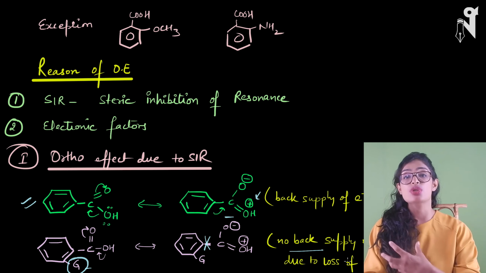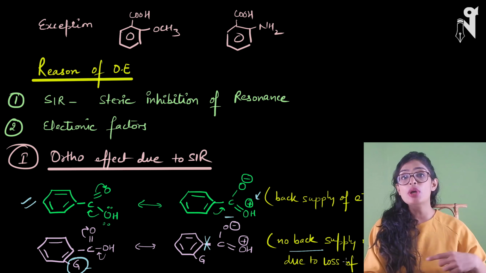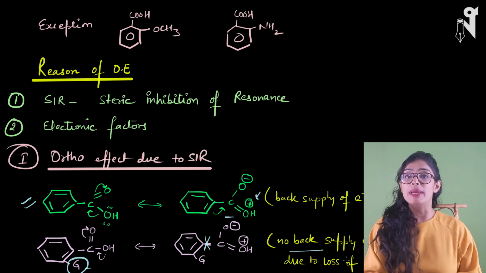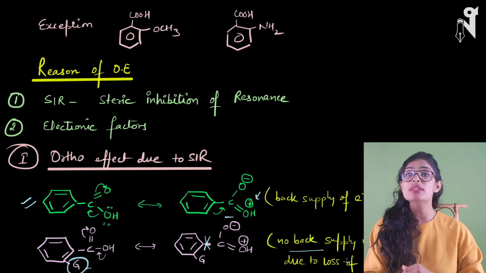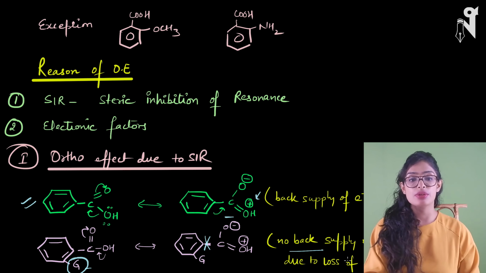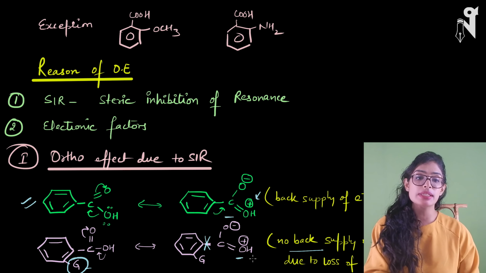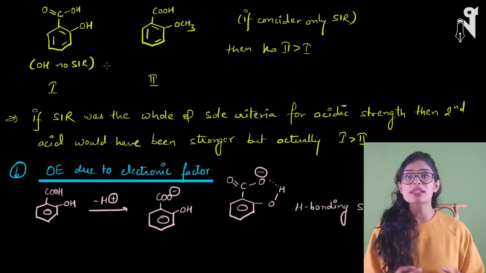Now COOH p orbitals are not in the same plane with benzene carbons' p orbitals, and hence no resonance is taking place. So this oxygen is still carrying the positive charge, and hence it will kick out the hydrogen much faster.